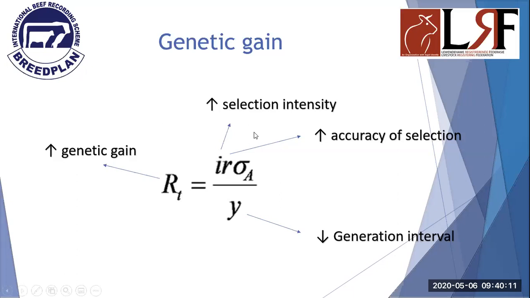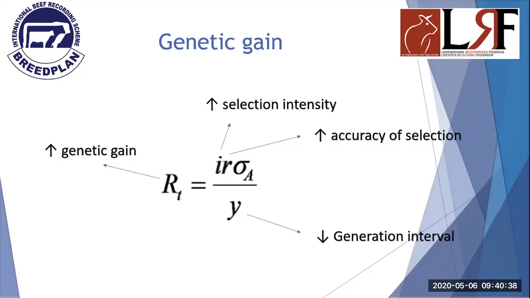How much better are the bulls that I'm selecting than the average of my herd? Then accuracy of selection, we can only increase this by sending in more performance records so that we have more information available to increase the accuracies. And then we want to decrease the generation interval.